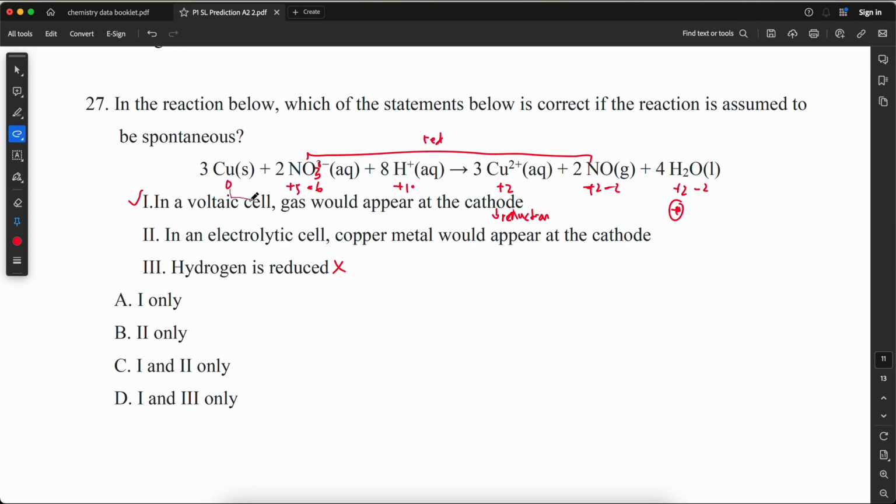In an electrolytic cell, copper metal will appear at the cathode. Copper here is oxidation, right? Because 0 to plus 2. But in an electrolytic cell, the power source drives the reverse, as now it's not spontaneous. So Cu will experience reduction. Okay, so the reaction would be Cu2 plus 2 electrons becomes Cu.